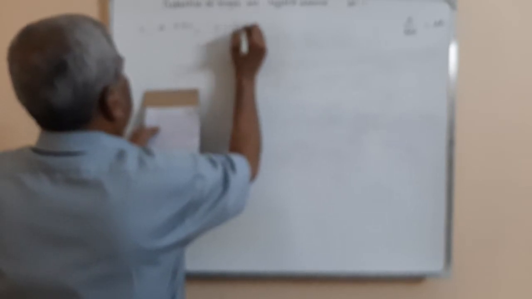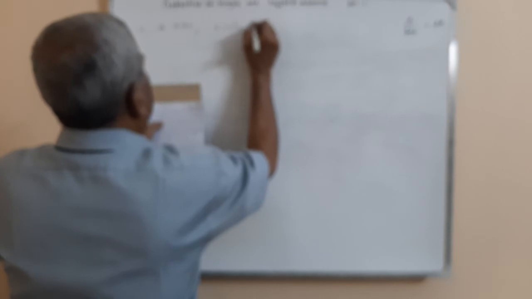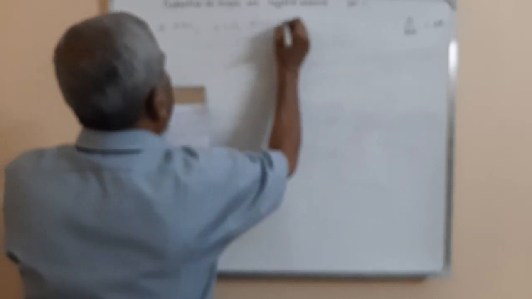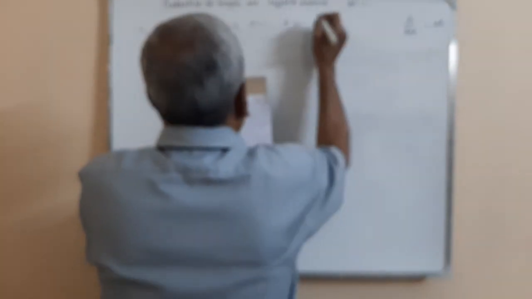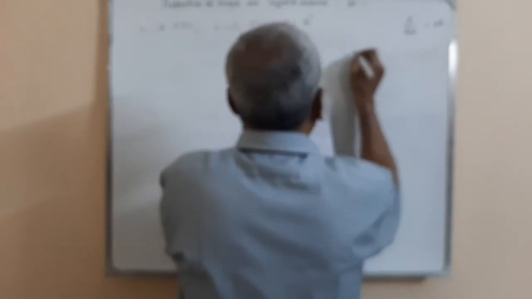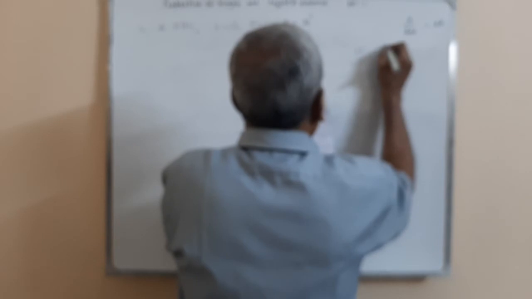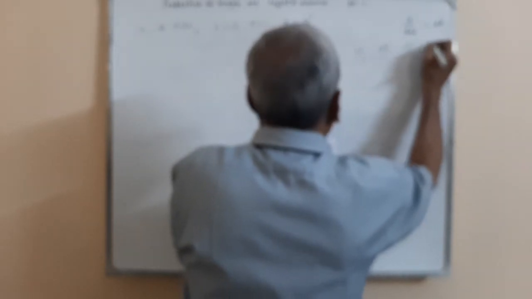In a triangle ABC, small b is equal to root 3, small c is 1, and capital A is equal to 30 degrees. Then the largest angle of the triangle is, options are 60 degrees, 135 degrees, 120 degrees and 90 degrees.